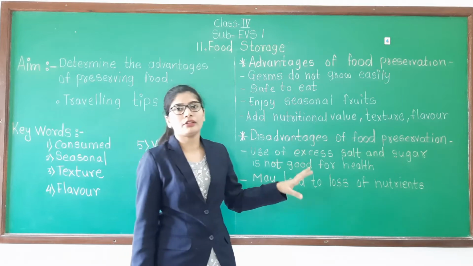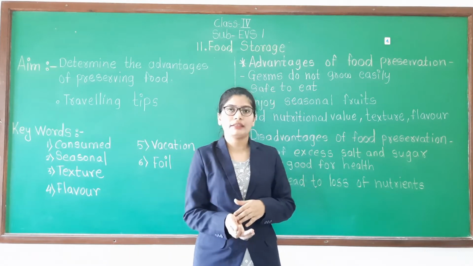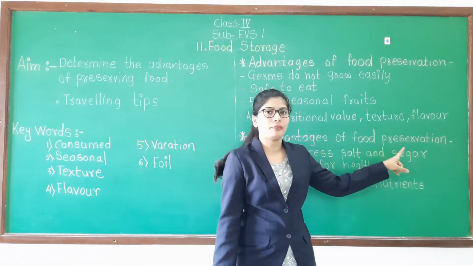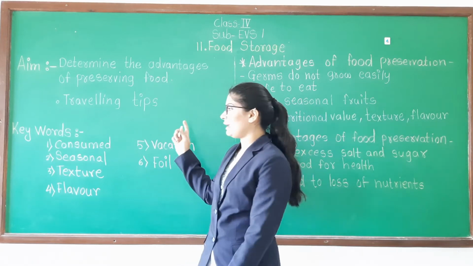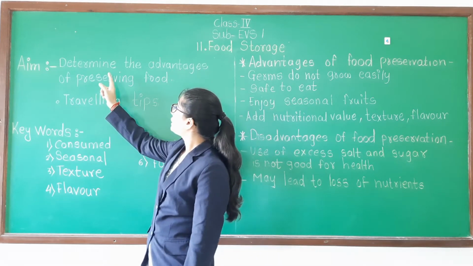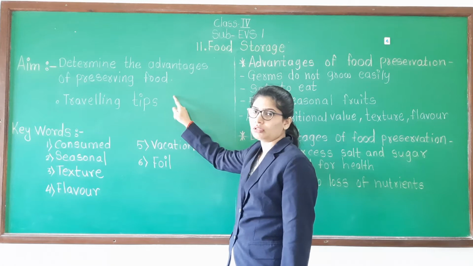These points are not given in your textbook, but still you should know both advantages and disadvantages of food preservation. Okay, so be ready with your notebook to write the aim and the keywords of this session. So write the aim: determining the advantages of preserving food.